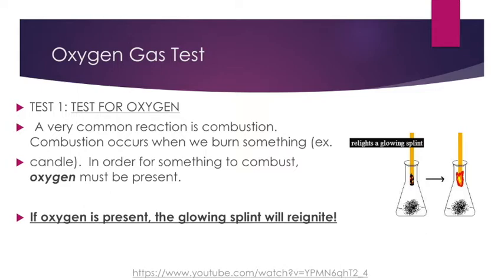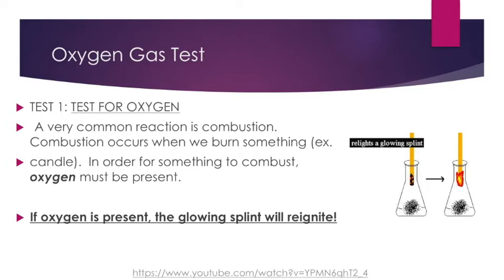But if you take that stick that's still glowing and you stick it in a container that's full of oxygen, it's going to actually burst into flames. And that's kind of what's going on over here. So we have this stick that's glowing. As soon as you send it into oxygen, that oxygen helps that fire ignite, and you end up with an actual splint that's on fire, which is excellent.